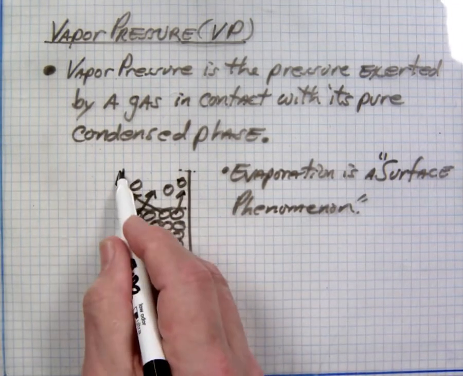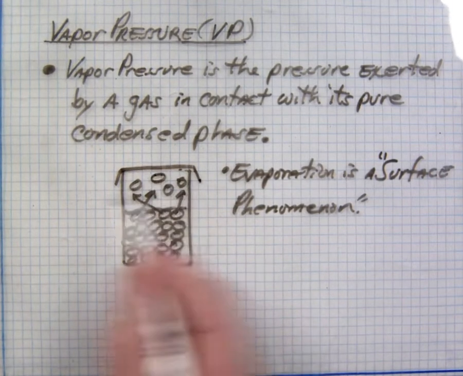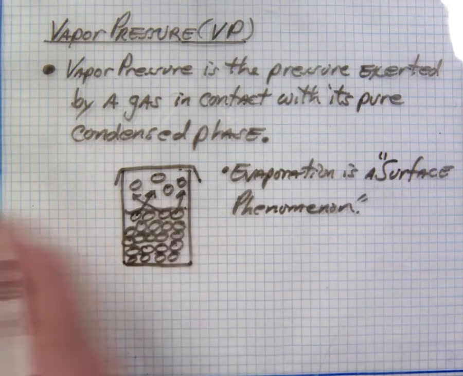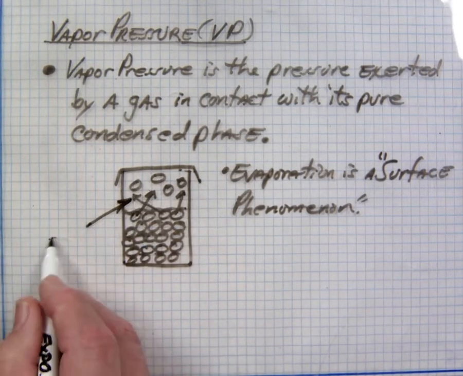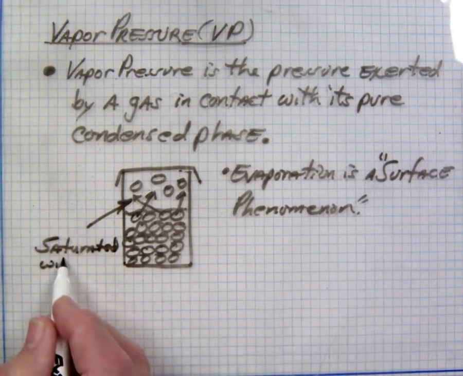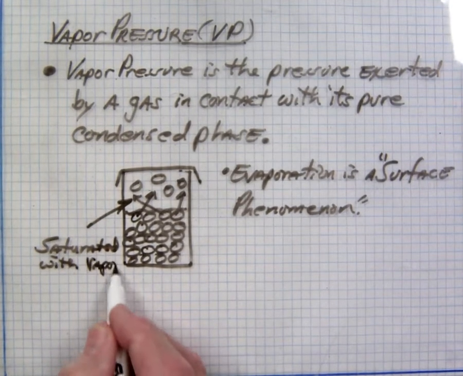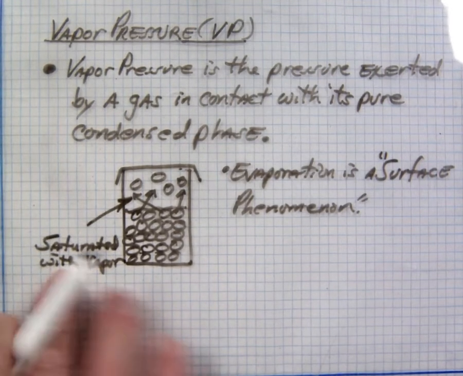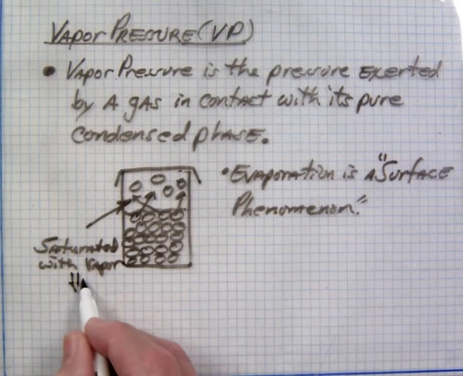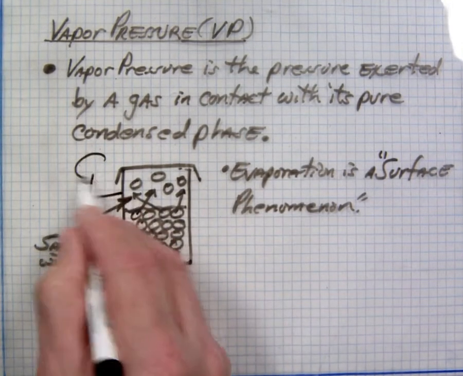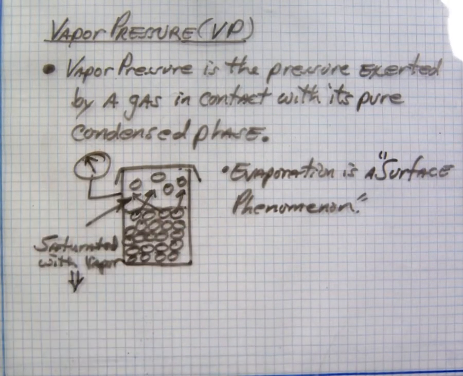Now, if we cover the container, eventually, as a function of time, the concentration of vapor up here will become saturated. Of course, they are in constant motion, and if you measure the pressure exerted by the particles bouncing around, if you had a pressure gauge on the side here, then it would be the vapor pressure of that liquid.